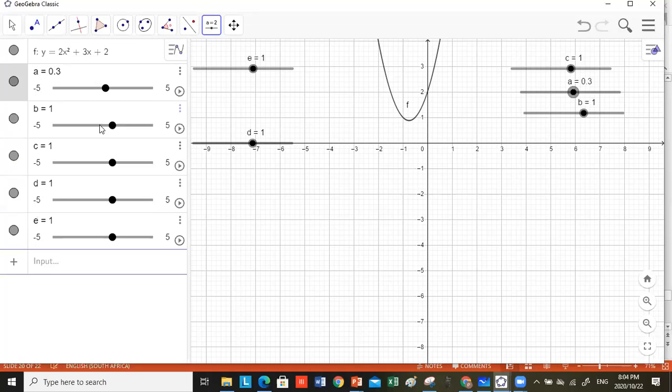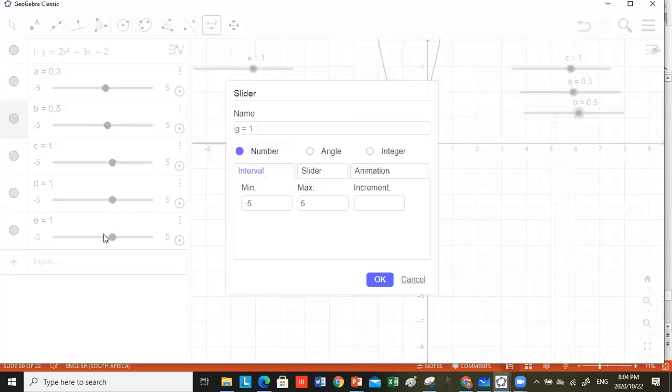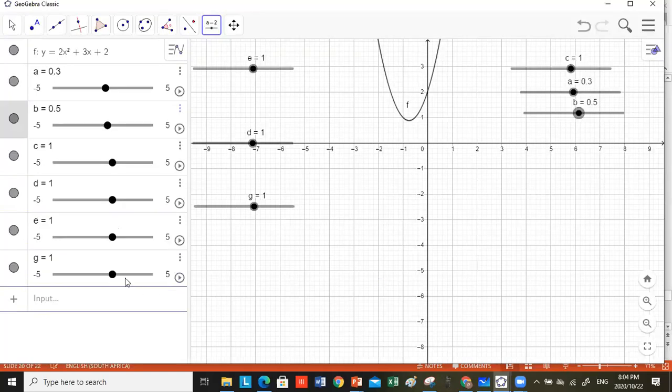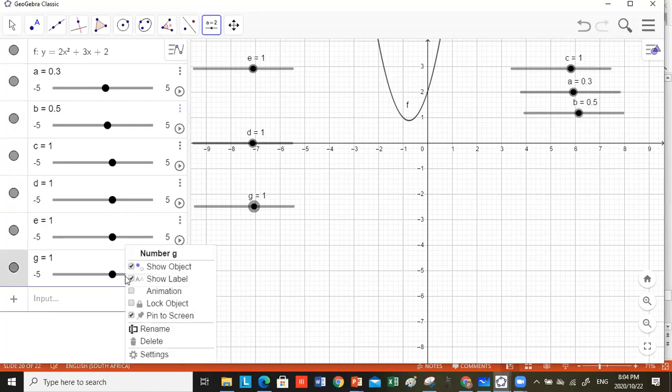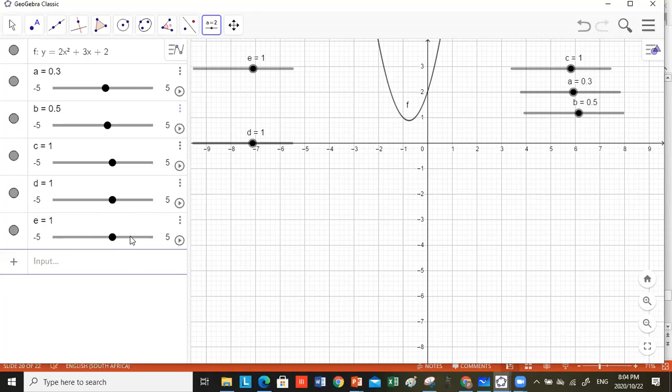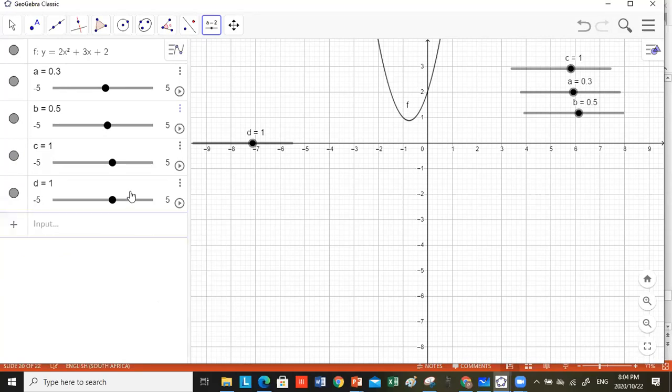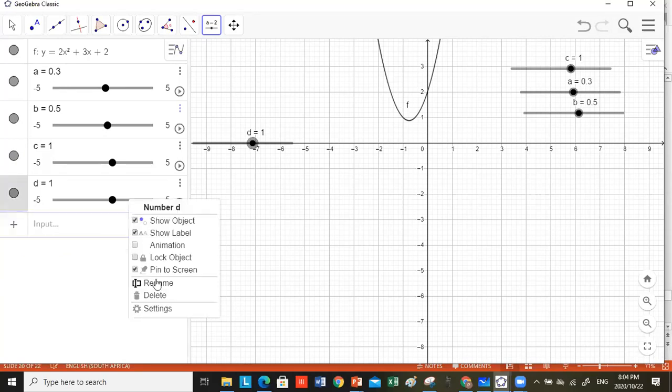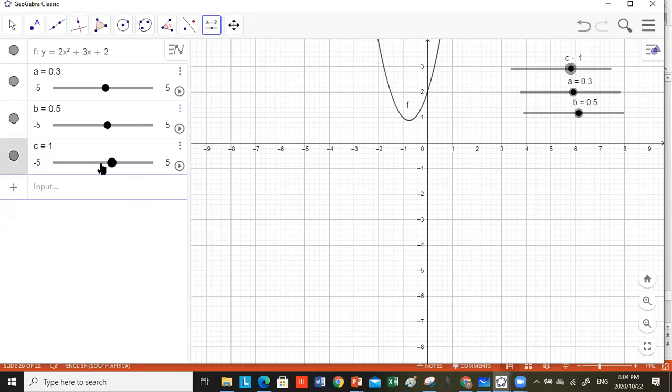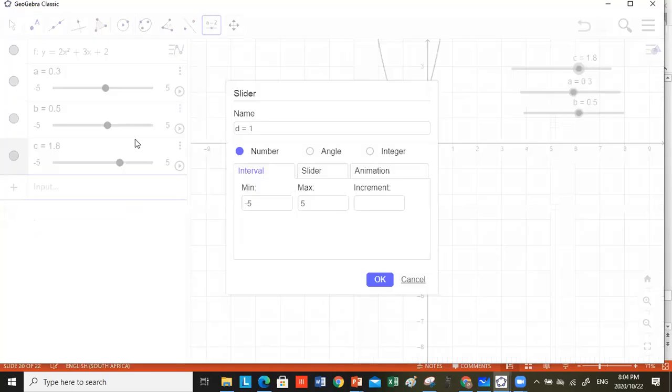Let me just check. Okay, can I come in? Yes, sure. Yeah, delete all these sliders. Delete all of them, okay.